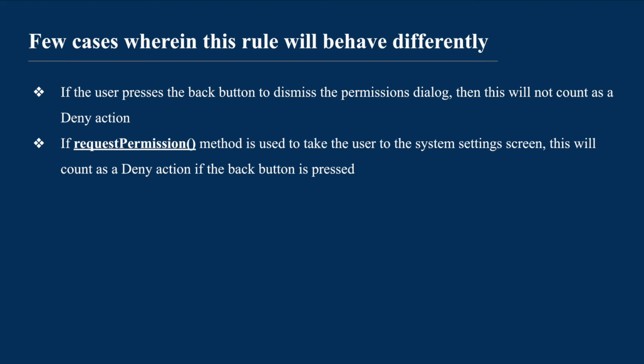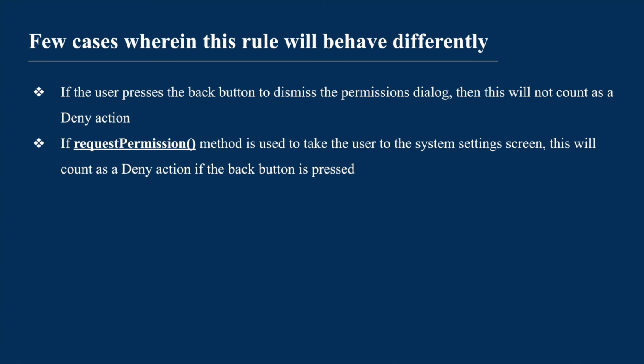So for example, while using the runtime permission, we generally take users to the system settings, and from that system settings, instead of allowing the permission, if the user presses the back button, then that will be counted as a denial. So these are the two important points that you should keep in mind.